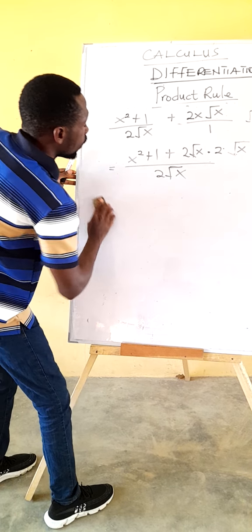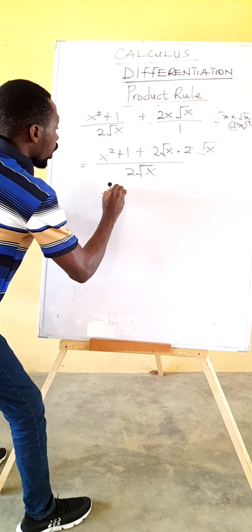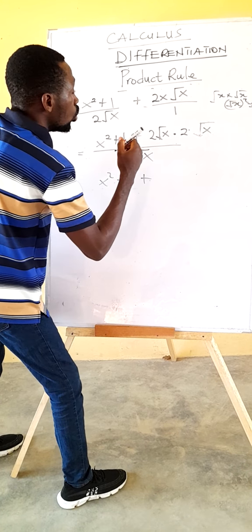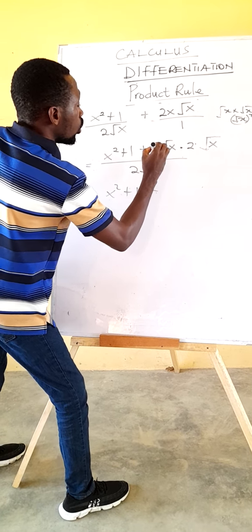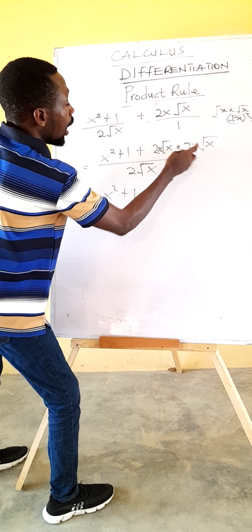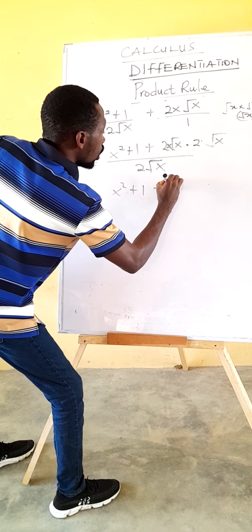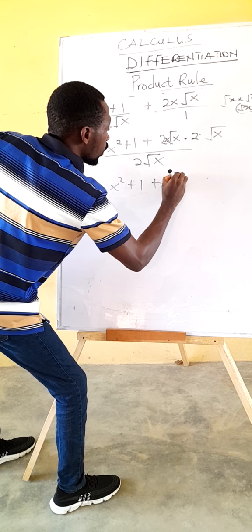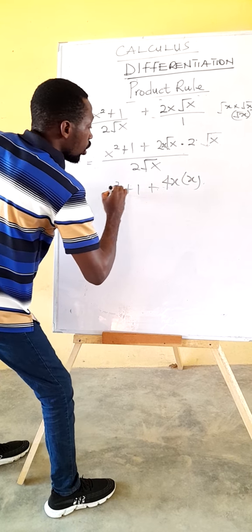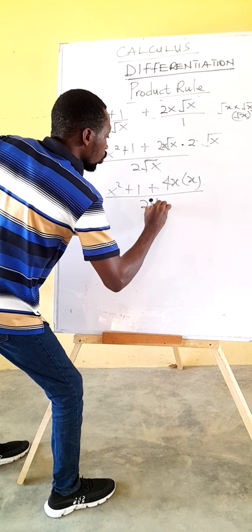So we can have x squared plus 1 plus 2 times 2x. 2x times 2, that will be 4x. Then root x times root x, that will be x. All over 2 root x.